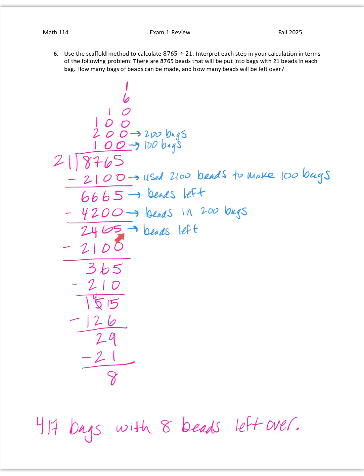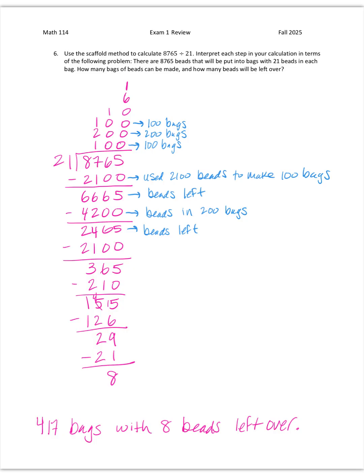So I'm thinking, now how many bags can I make of 21 beads each when I have 2,465 beads? And I said, oh, I can definitely make 100 more bags because I know 100 bags will use 2,100 beads. So we put 100 up here because I can make 100 more bags. Okay, and then we multiply the 100 times the 21 because I have 100 groups of 21.